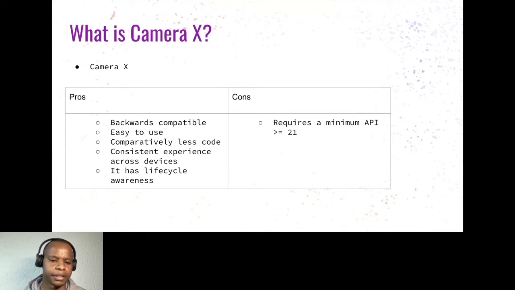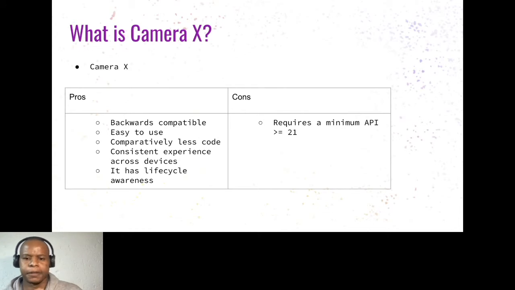One other really unique thing is that this is the only camera API that is lifecycle aware. So you don't need to worry about releasing the camera and opening the camera through the various lifecycle phases of your app, or of your fragment and activity.